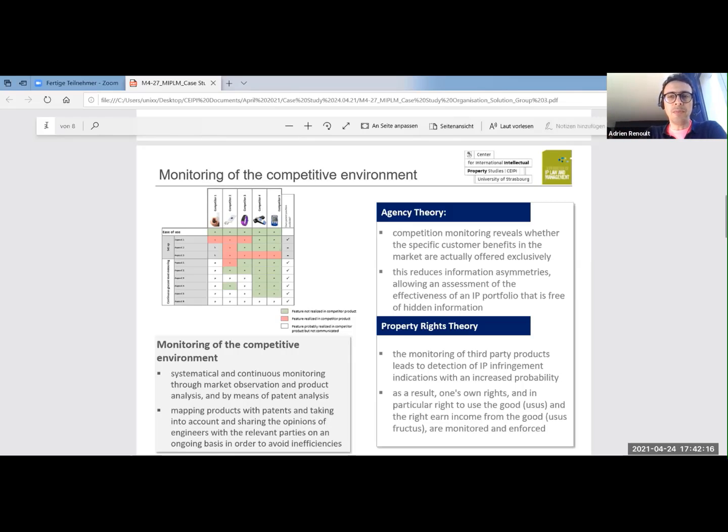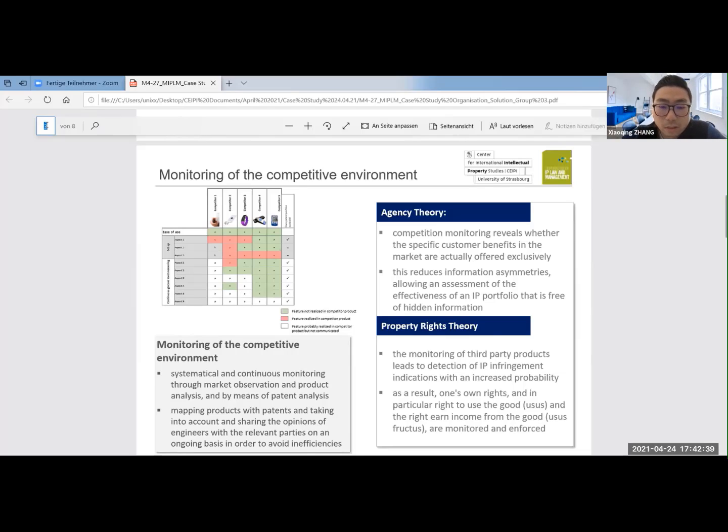This will reduce the information asymmetries, and it will allow the assessment of the effectiveness of the IP portfolio. These assessments will be almost free of any hidden information. Now I will leave it to my colleague to speak about the property rights theory. Thank you.